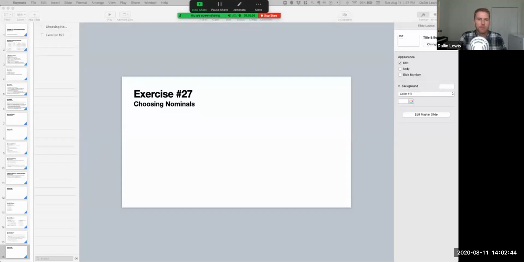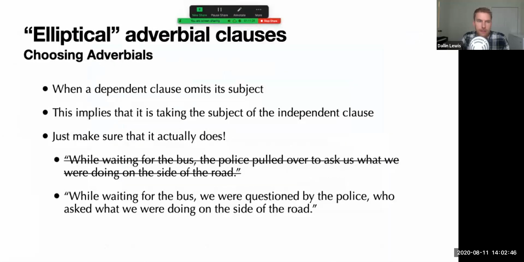Okay, so with elliptical adverbial clauses, as I said before, adverbial verb phrases take the sentence's subject as its own subject. So you want to make sure that they actually match up. But sometimes we will write elliptical adverbial clauses where we omit the subject of our dependent clause. And when we do this, we are implicitly taking the subject of the independent clause to be the subject of our dependent clause.